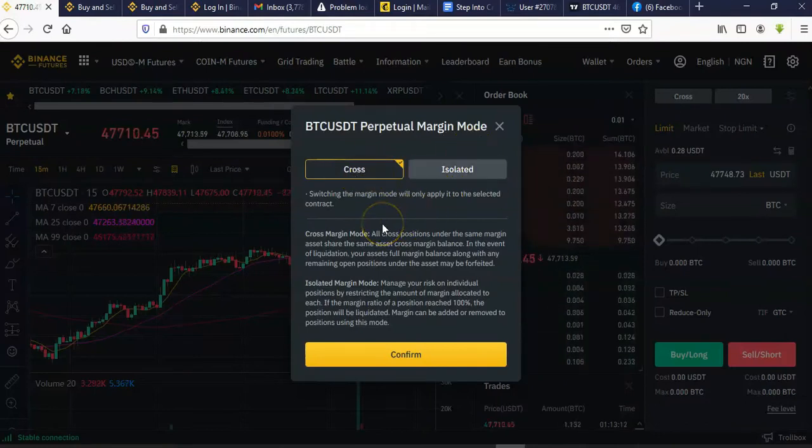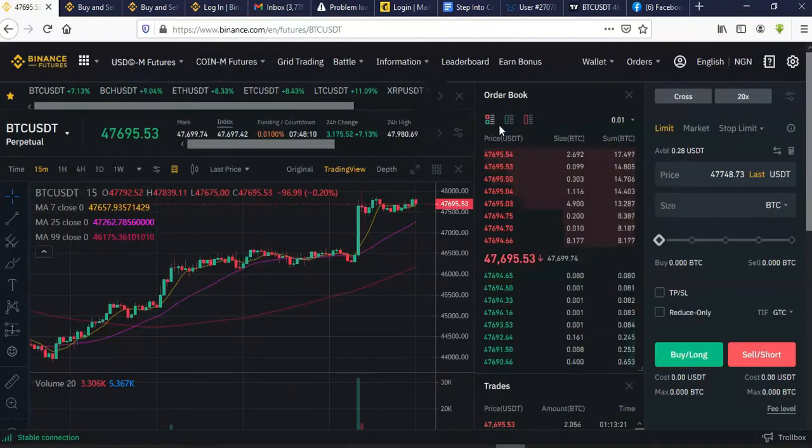Here they try to explain it. Cross margin mode or cross position under the, okay, let's just forget it. Let me just explain to you in a simple way that you understand. So if you are doing cross position, your liquidation will depend on the amount that is in your overall trading portfolio, in your balance.